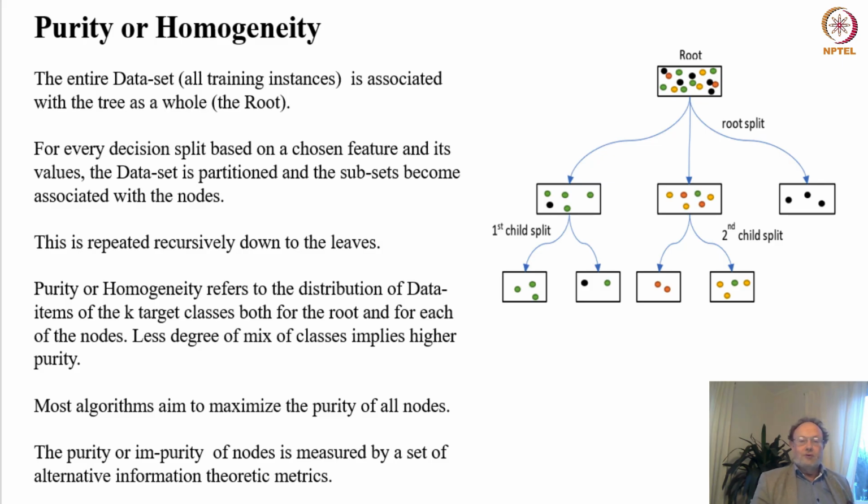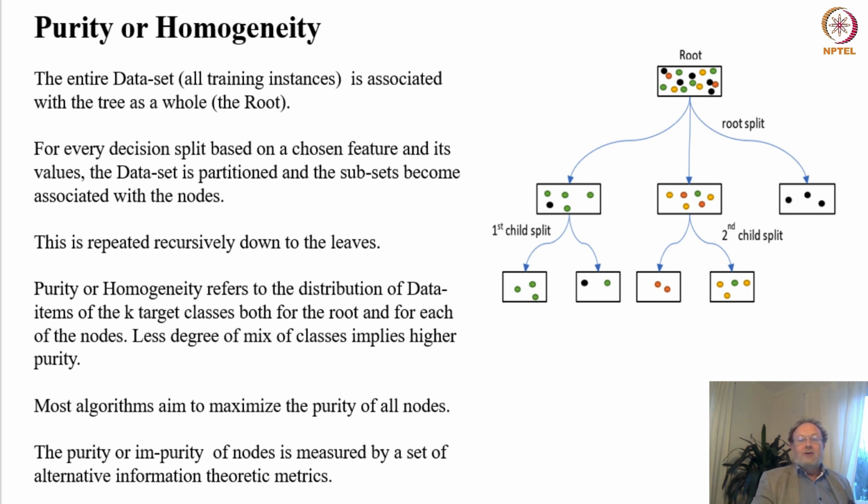So purity, or homogeneity, refers to the distribution of data items of the K target classes. They are symbolized by colors in the simple example to the right, both for the root and for each of the nodes.